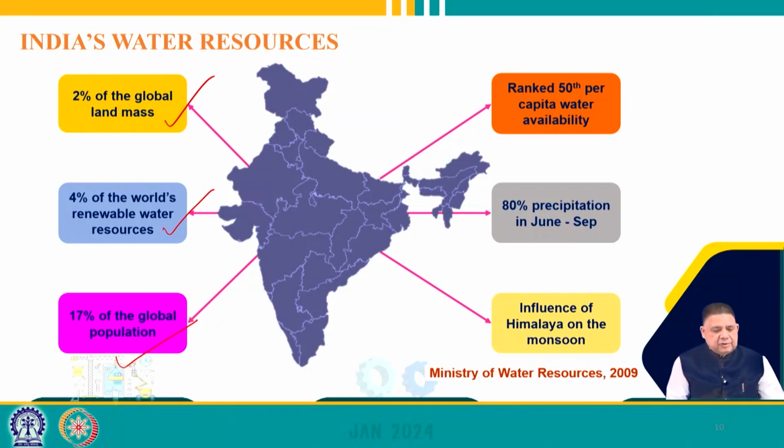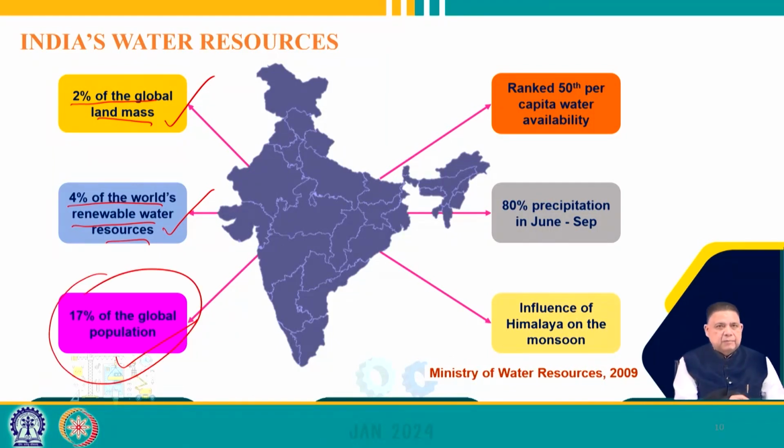So, that itself is a big challenge, that with 2% of global landmass and 4% of the world's renewable water resources, we need to support 17% of global population, and that is why it is no surprise that when it comes to per capita water availability, we rank 50th in the world. So, water is very precious for us from that perspective.